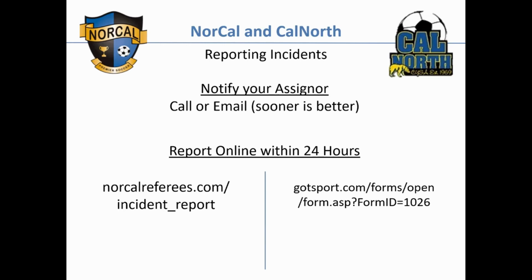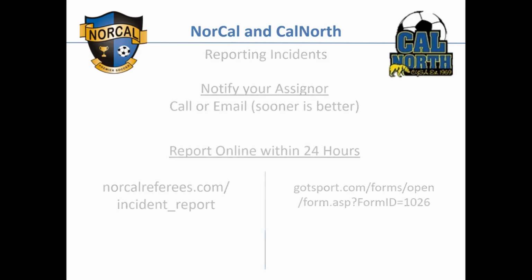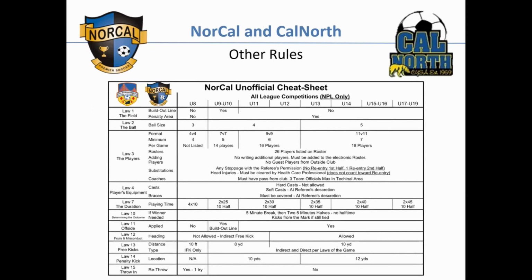For other rules, in general, how many people are playing in the game? I think NorCal's sheet is up here first. Mo, if there's anything that you'd like to go over that's specific to your league, feel free. The only difference that you are going to see between two organizations is the time frame of the U14.